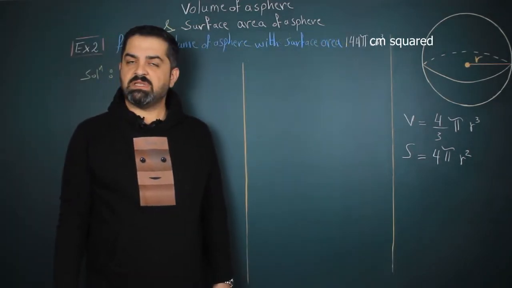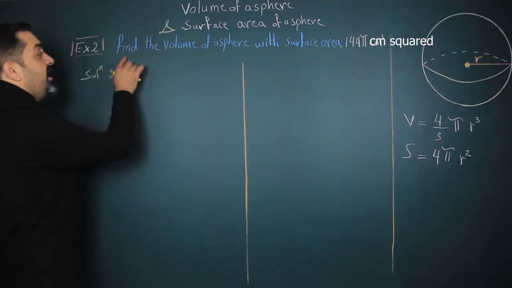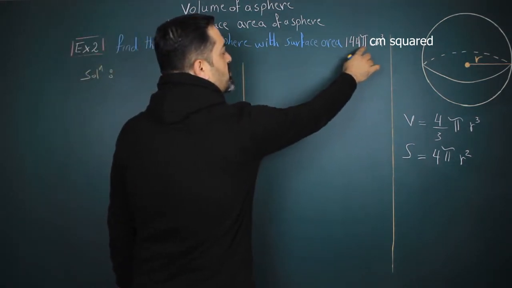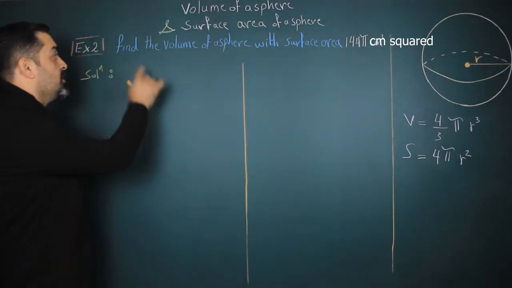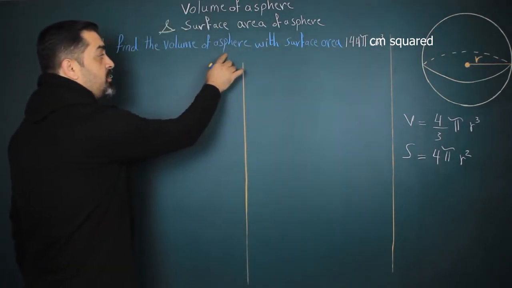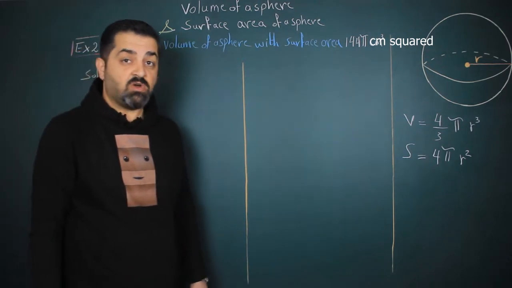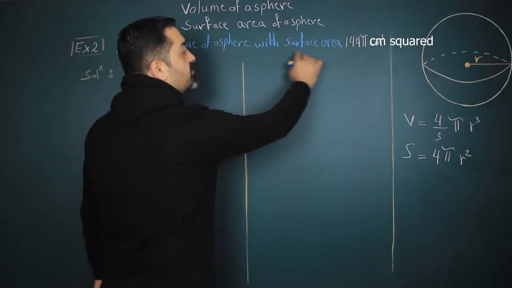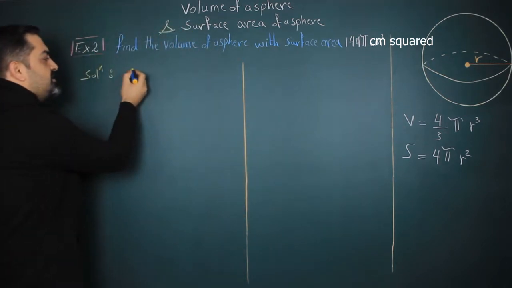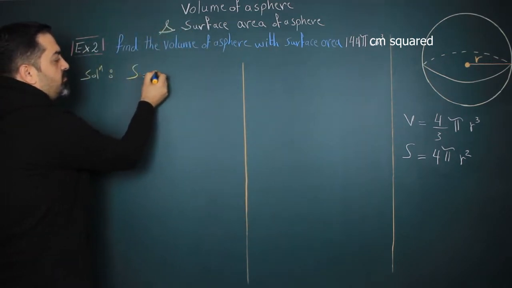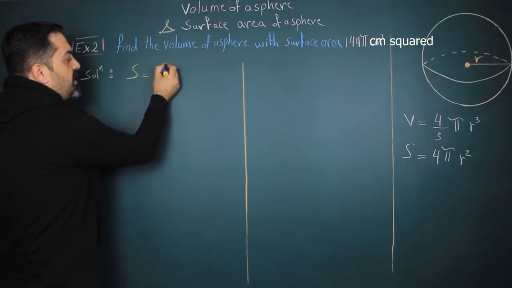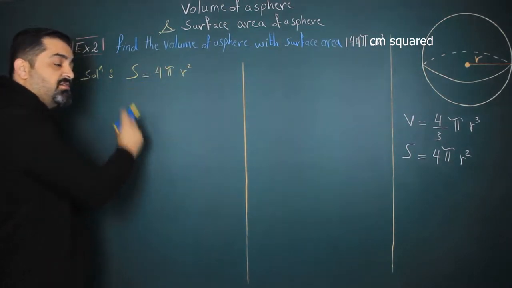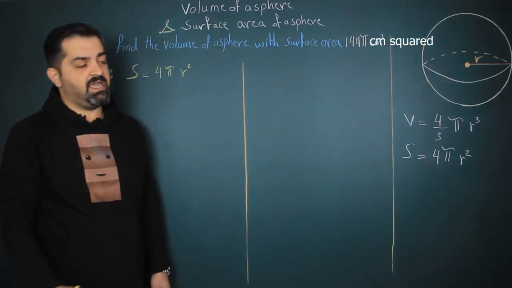Example number 2 says, find the volume of a sphere with the surface area 144 pi. To find the volume of a sphere, we need the radius of the sphere. So let's begin with the formula of surface area. S is equal to 4 times pi times r squared.